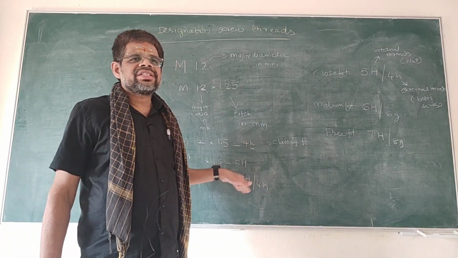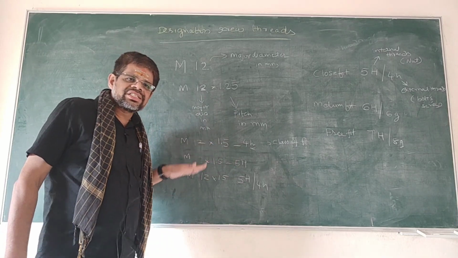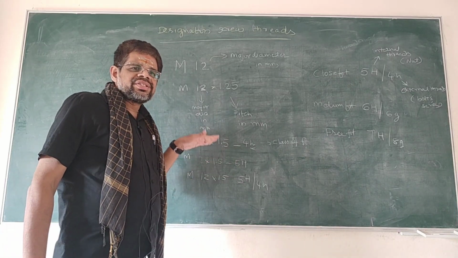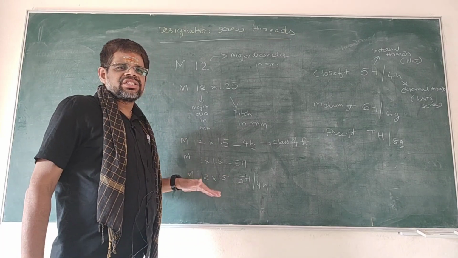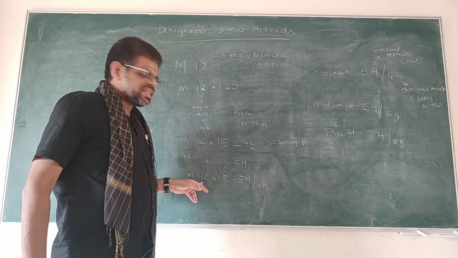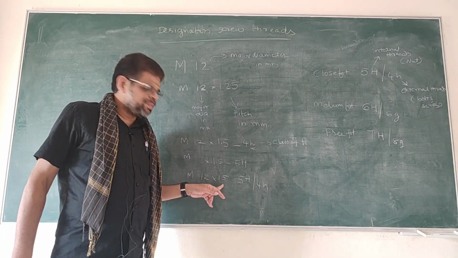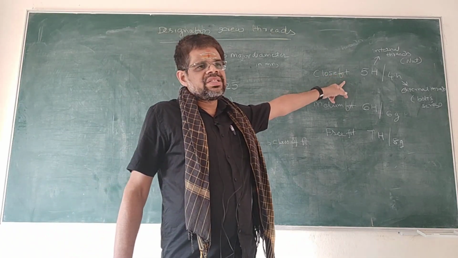That means it is an assembly. Here we are mentioning both bolt as well as nut. So this is a bolt and nut assembly. Assembly in the sense we are purchasing both the things at a time. So with the 12 mm major diameter, 1.5 mm pitch and 5H or 4H, that means it is close fit.